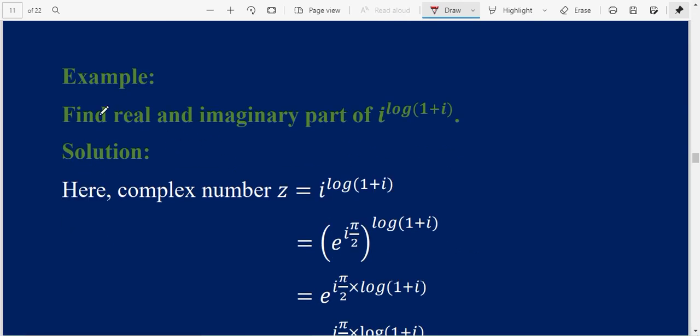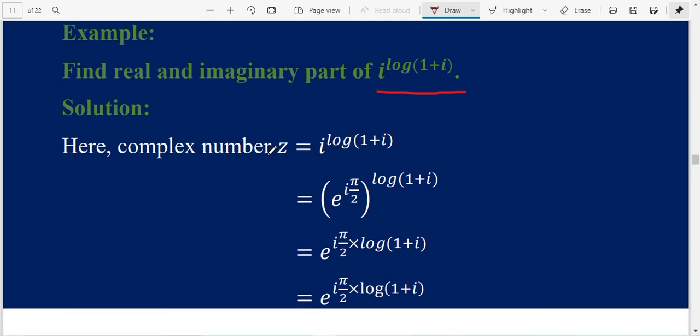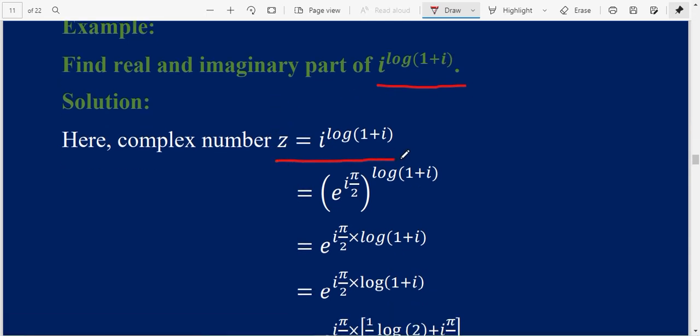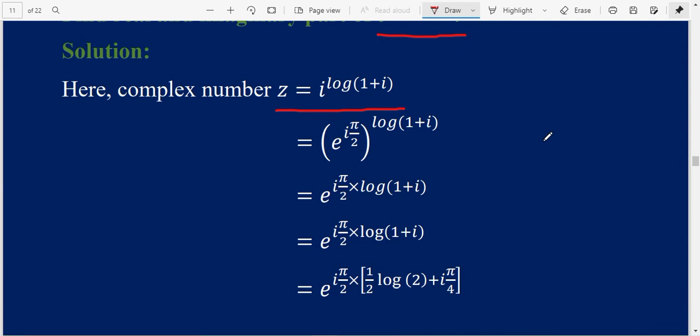Now next example, find the real and imaginary part of i raised to log(1 plus i). Here the complex number z is equal to i raised to log(1 plus i). So i is here. So theta with the x-axis is equal to pi by 2, and r is equal to 1.